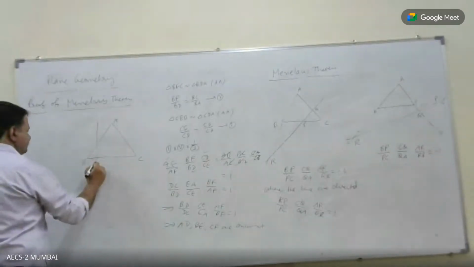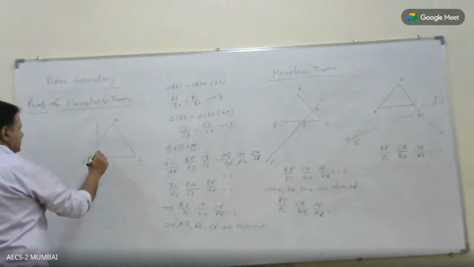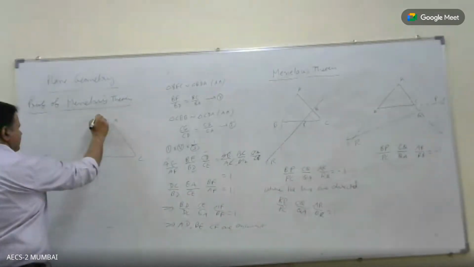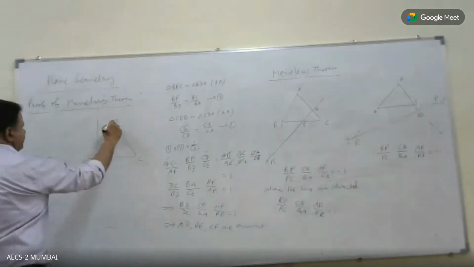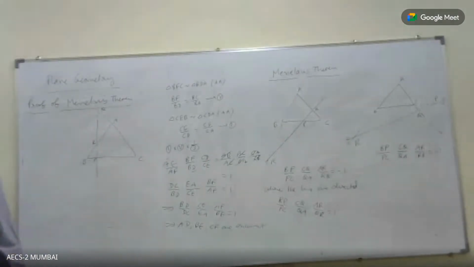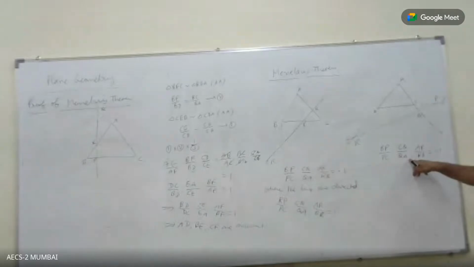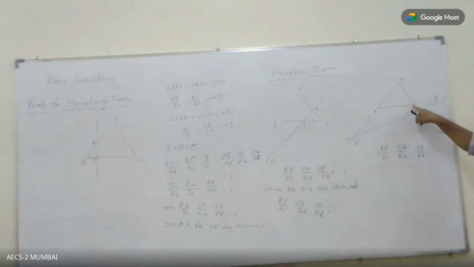Let us suppose it cuts BC at P, AC at Q, AB at R. AQ by this one. We are going to vertex C. CQ by AQ.